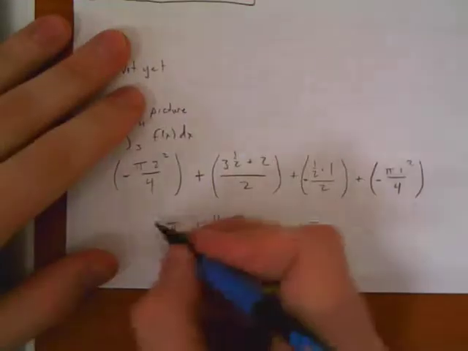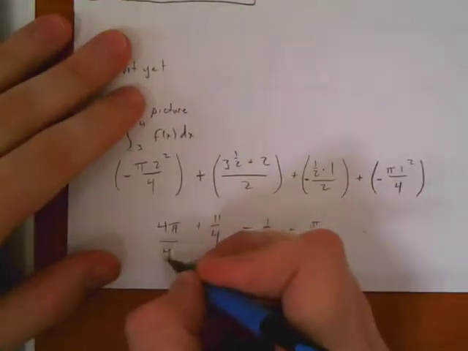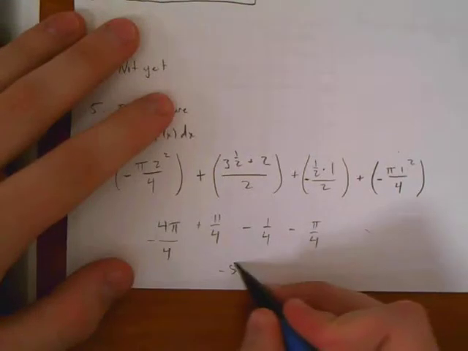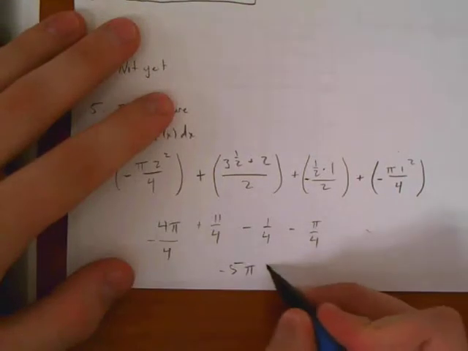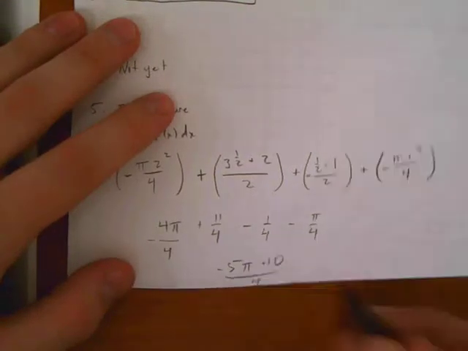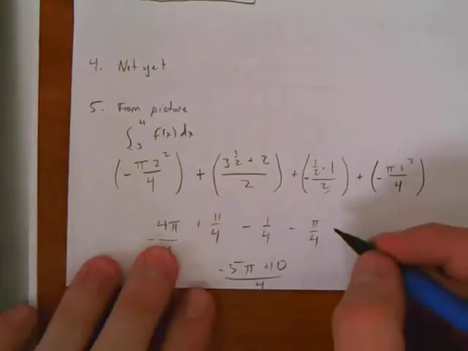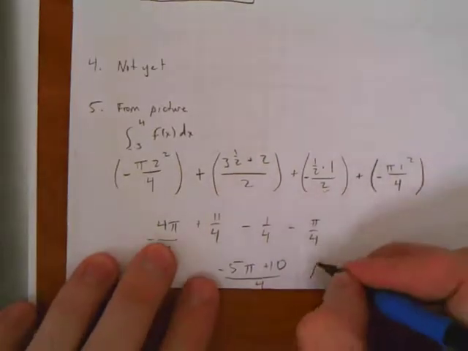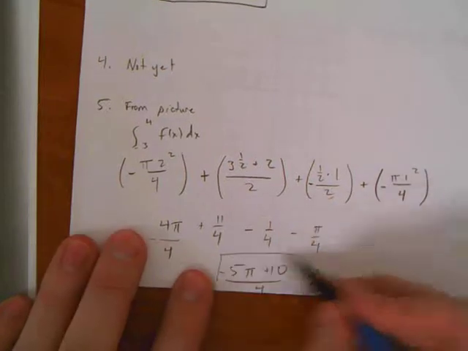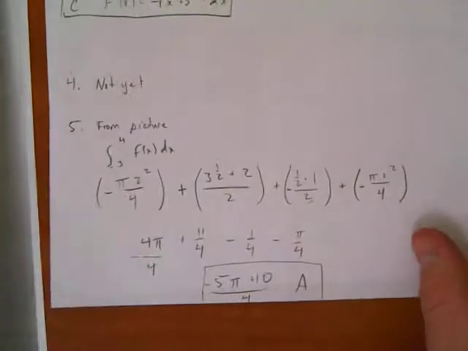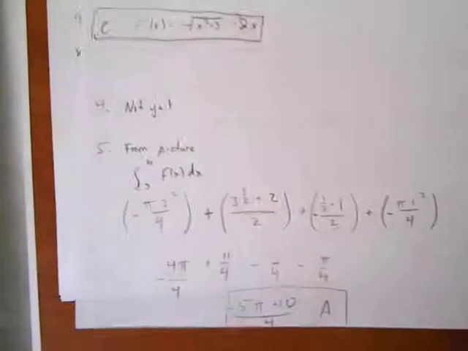And so that is -4 pi over 4. Adding them all up, I get -5 pi plus 10 over 4. And that looks like it is A. Okay, so that one's just breaking it down into areas that you can find.